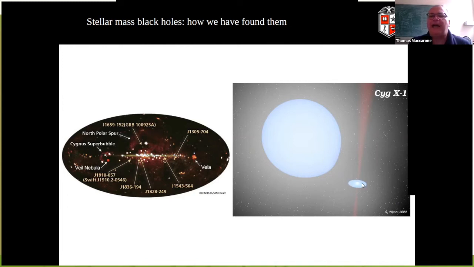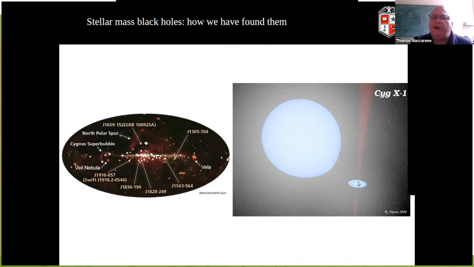And the gas will then spiral in towards the black hole and then eventually cross the event horizon. As it does that, a lot of gravitational energy is released. And half of that gravitational energy goes into heating up the gas that's falling in. Now, in cataclysmic variable stars, for example, when you heat up that gas as it falls onto a white dwarf, it gets up to the temperatures where it can emit optical and sometimes ultraviolet light.